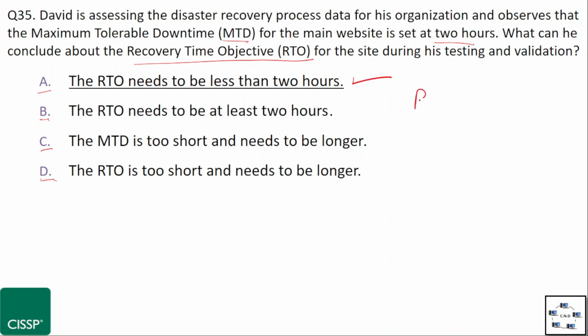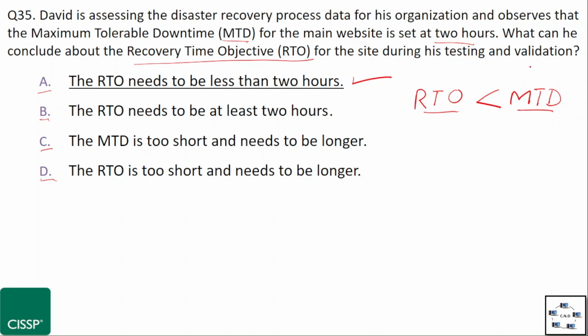Remember, the RTO should always be less than MTD, because MTD is the maximum tolerable downtime and you need to recover the system before MTD. That's why RTO should be less than MTD.